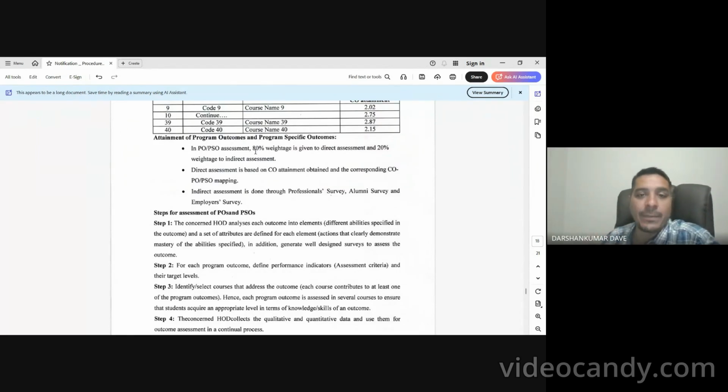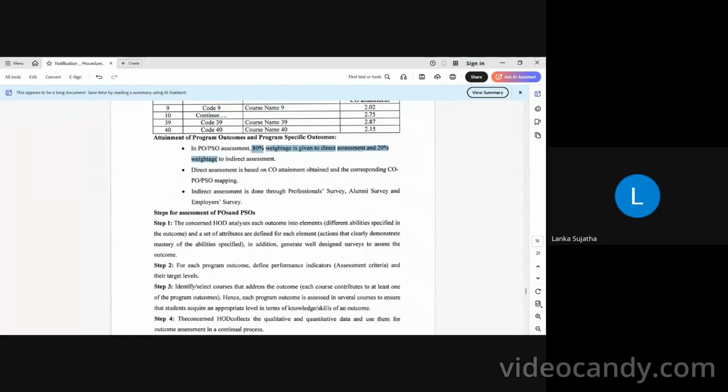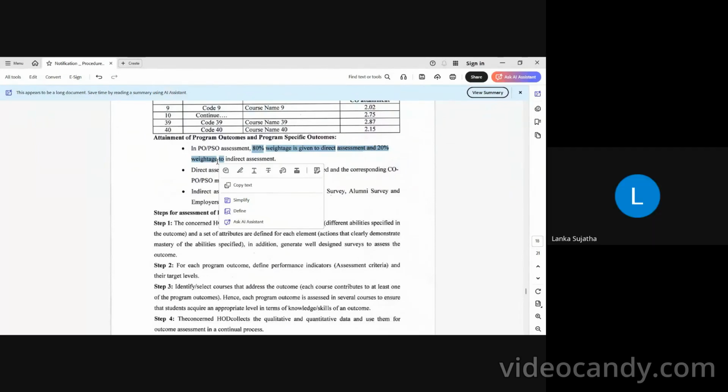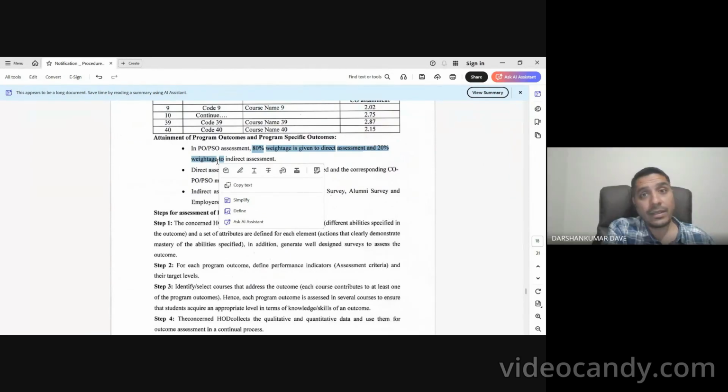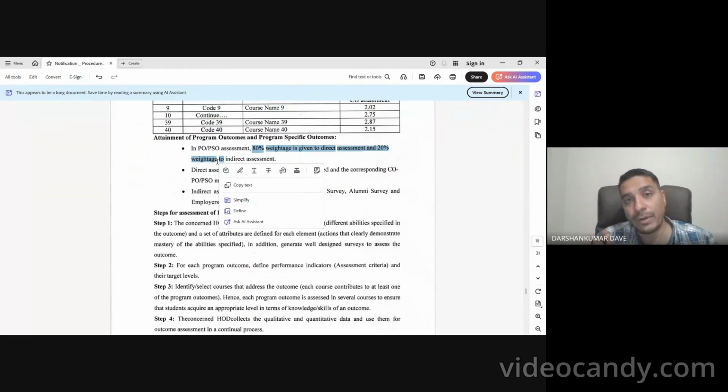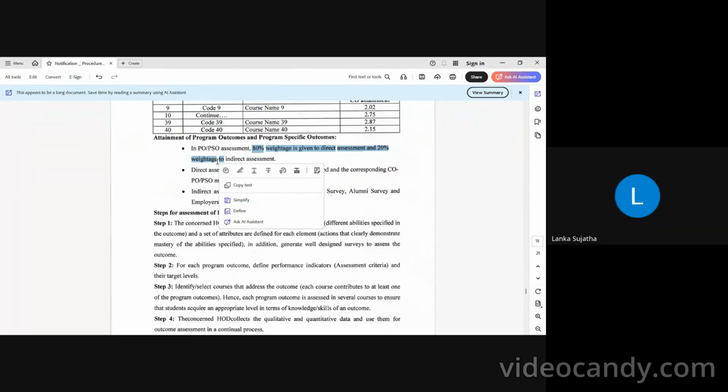As I said, this is a very prominent university. Sir, small question. Yes, ma'am. Sir, you are saying we have to take indirect assessment also according to course outcome, because you are saying alumni, employers and everything. No, I am saying this is for attainment of program outcomes. But in the above table, the indirect and direct assessment was calculated for course outcomes 1, 2, 3 and 4.